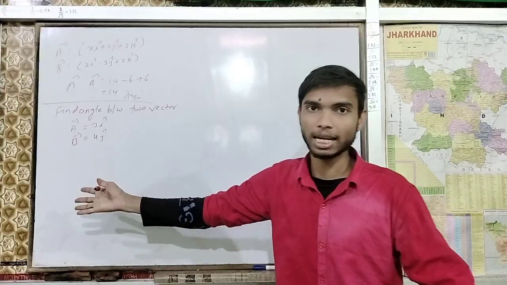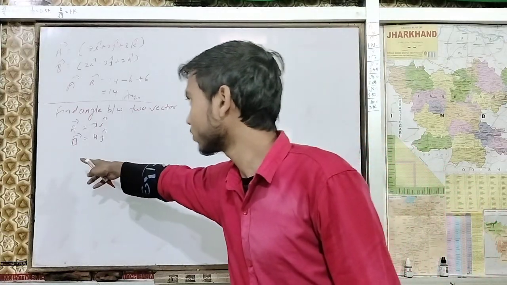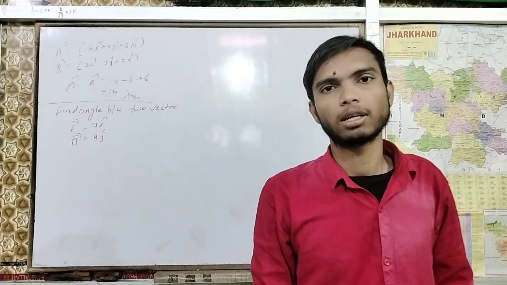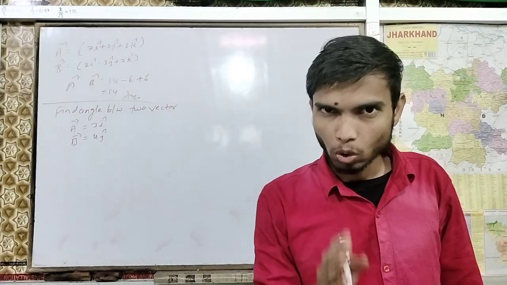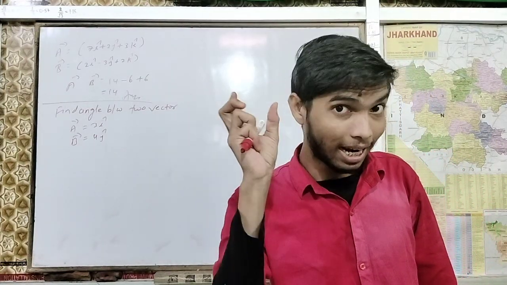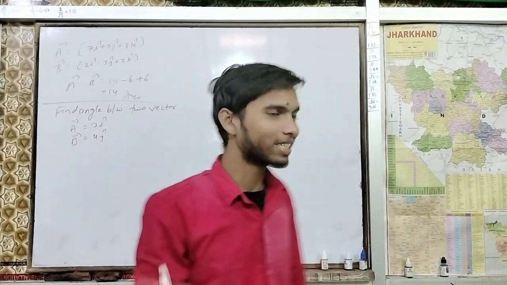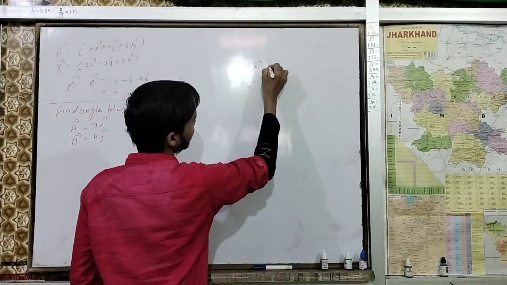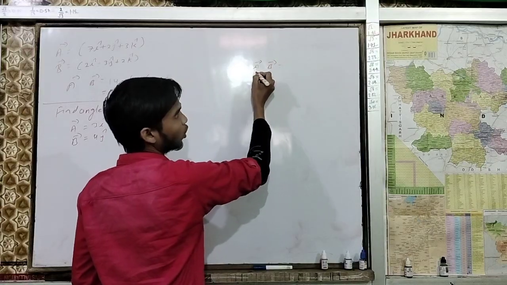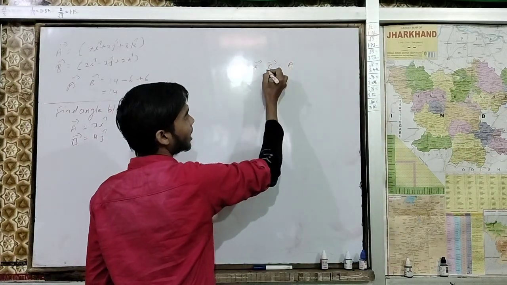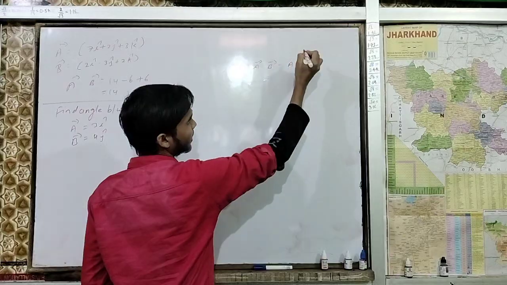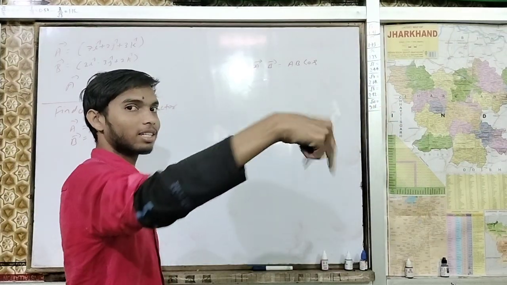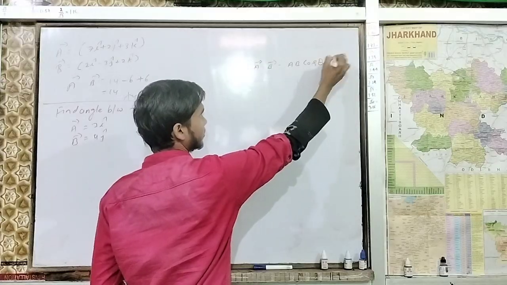The value of this a vector is 3i cap, and the value of this b vector is given, which is 4j cap. You just have to apply that important thing: the magnitude of this a vector would be a, the magnitude of this b vector would be b, and then we are taking the quotient because we are in dot product. Clear?